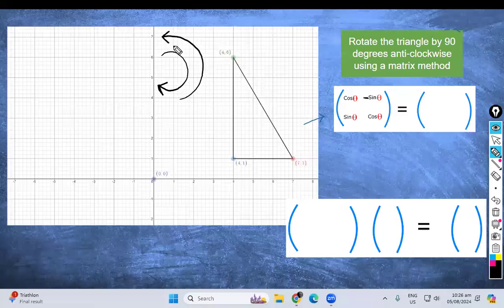Look very, very carefully here. In the anti-clockwise matrix, the minus sign is by the top sine theta. If it's clockwise, in other words, not anti, the minus sign is over here by the other sine theta.